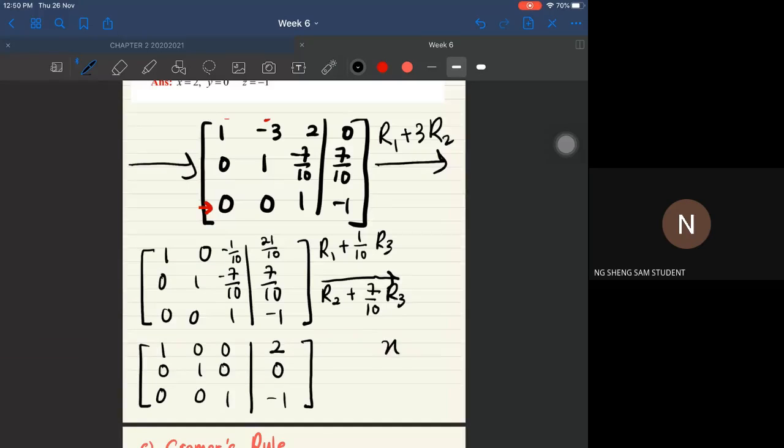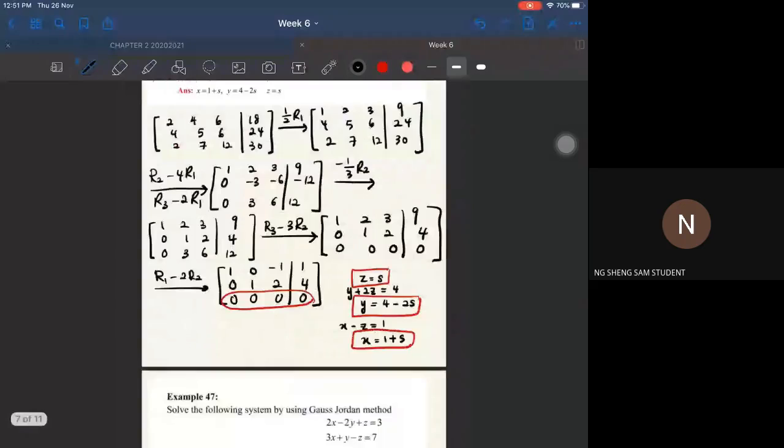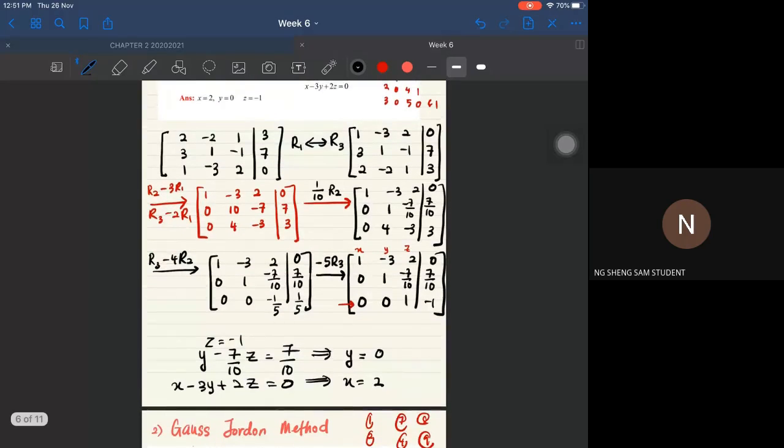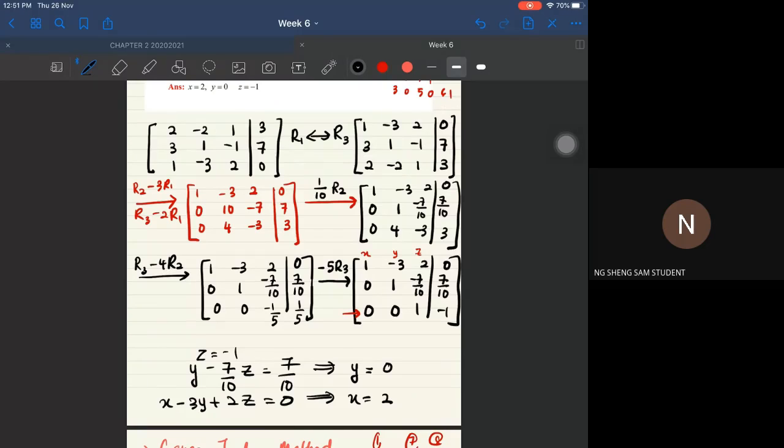So X is equals to 2, Y equals to 0, Z equals to negative 1. Okay, but when you are using Gaussian elimination, you need to do the backward process for you to get the value of X, Y and Z. So that is the difference.